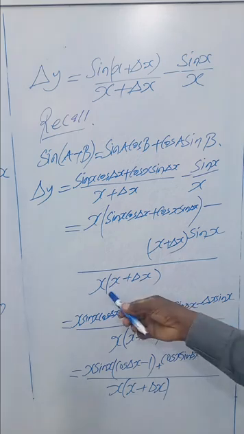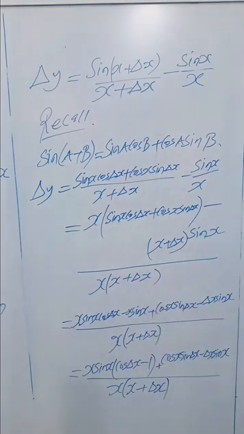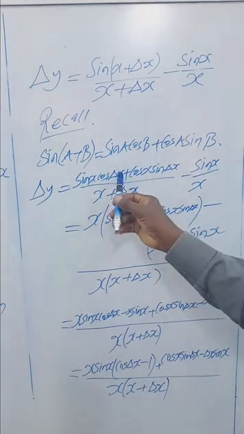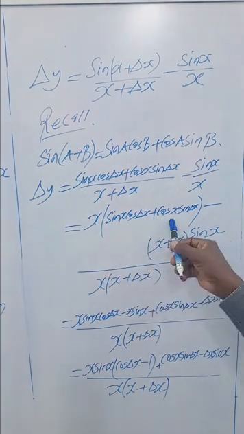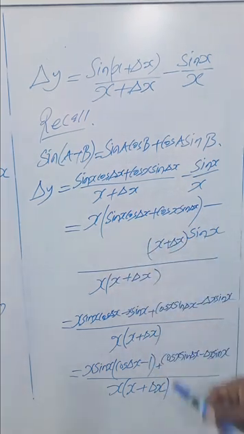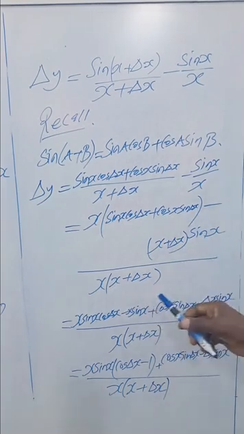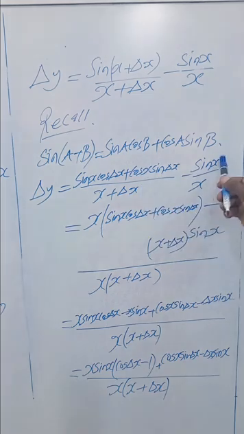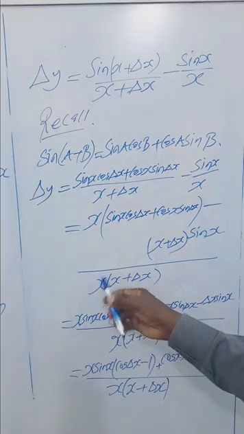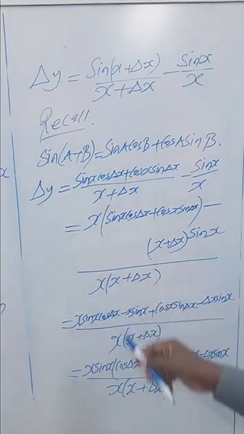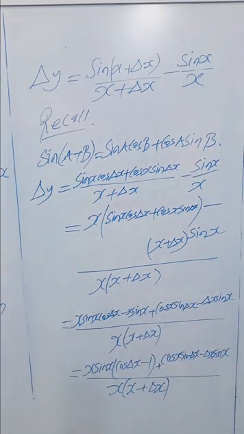By getting the single denominator, that's the LCM, x times (x plus delta x). On the numerator we shall have x times these terms minus (x plus delta x) times sine x, all divided by x into (x plus delta x).